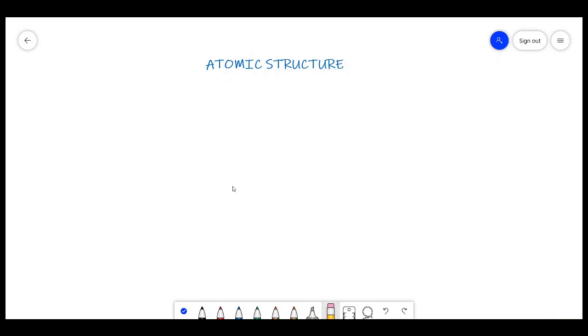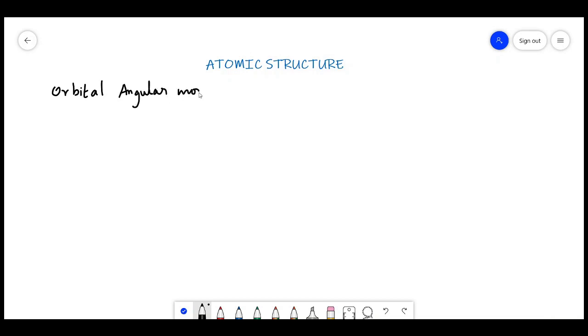Next, just try to remember some important points. If a question is asked to find orbital angular momentum, sometimes you will be asked for the relation.